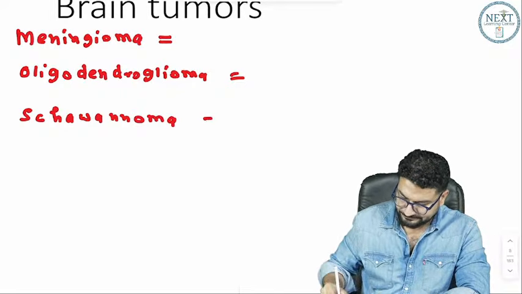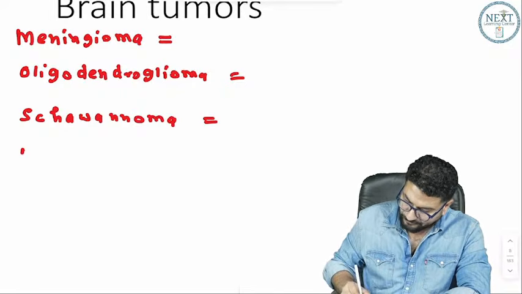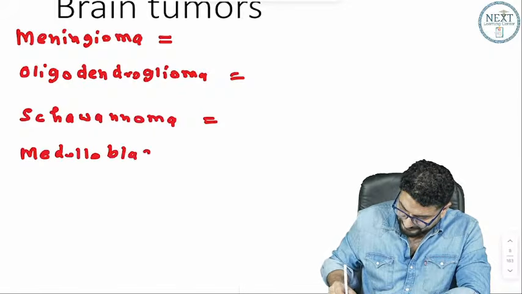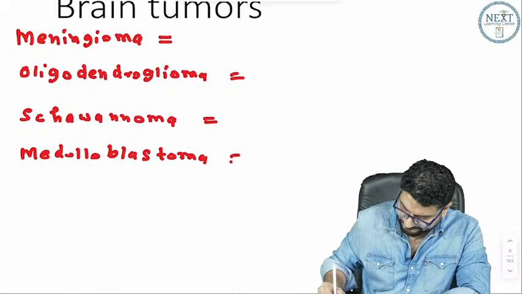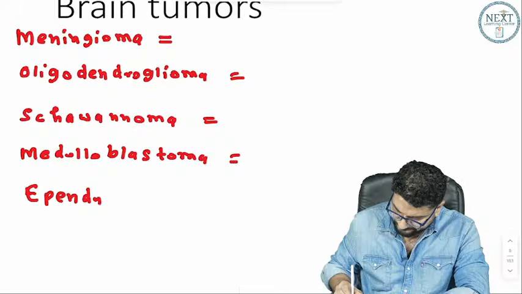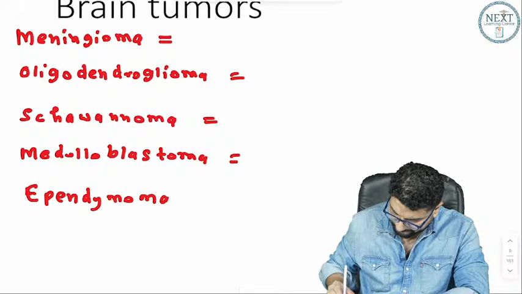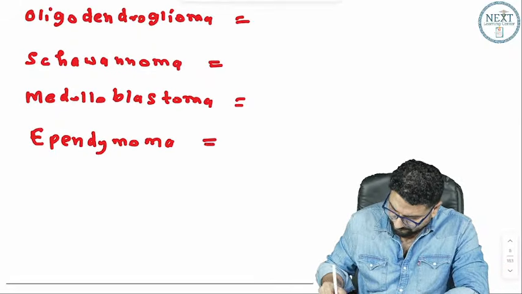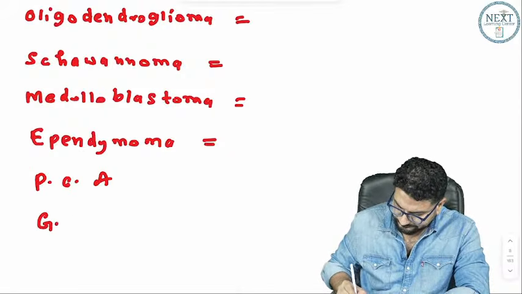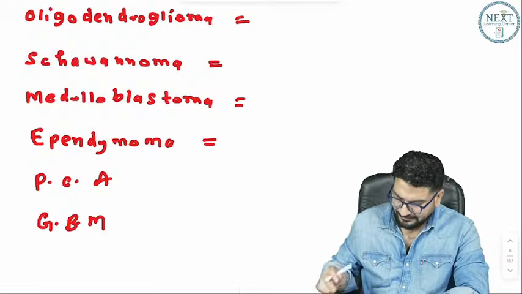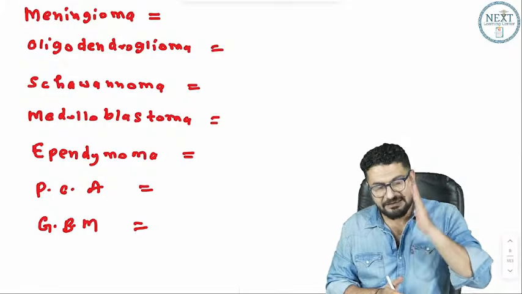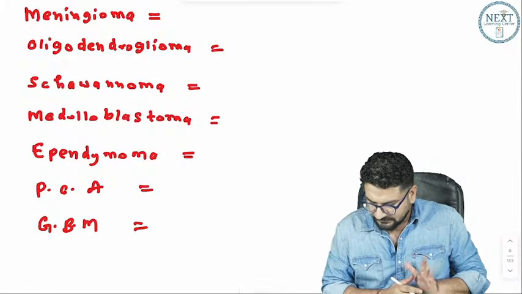Then we have medulloblastoma, ependymoma. Any other brain tumor you remember? Next we have PCA, pilocytic astrocytoma, and then we have GBM, glioblastoma multiforme. PCA and GBM both are types of astrocytoma. So these are the brain tumors.